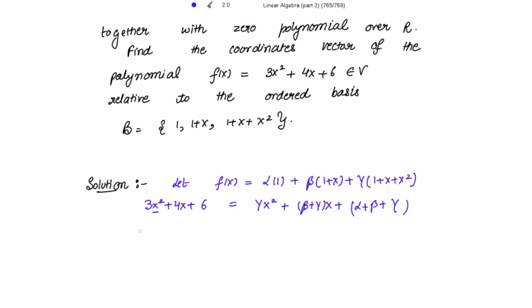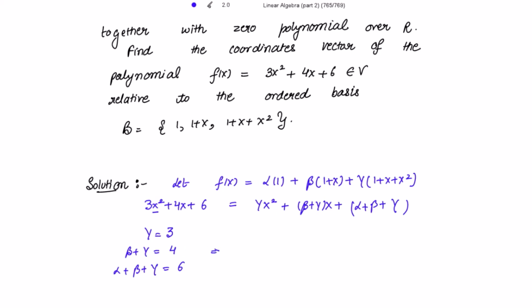And now just equating these two, I get gamma equal to 3, and then beta plus gamma is equal to 4, and alpha plus beta plus gamma is equal to 6. Now already I know gamma to be 3, so put the value of gamma over here, you get beta as 4 minus gamma, that is 4 minus 3, 1.